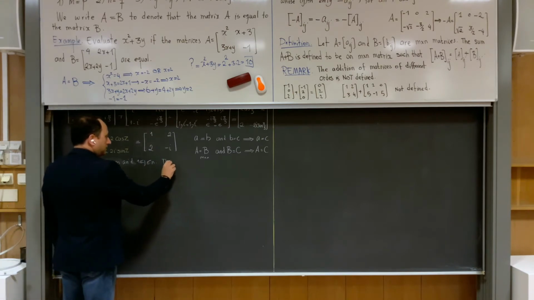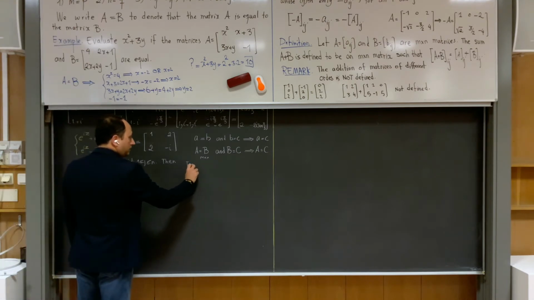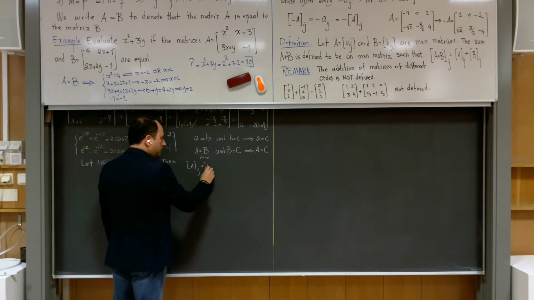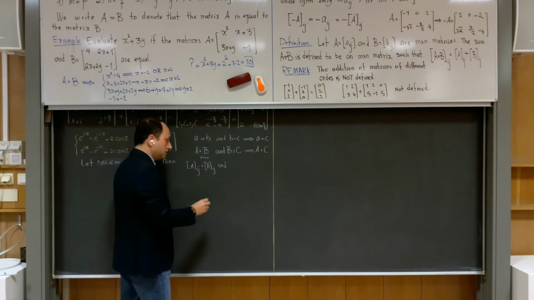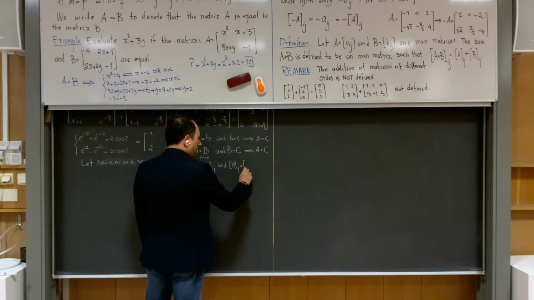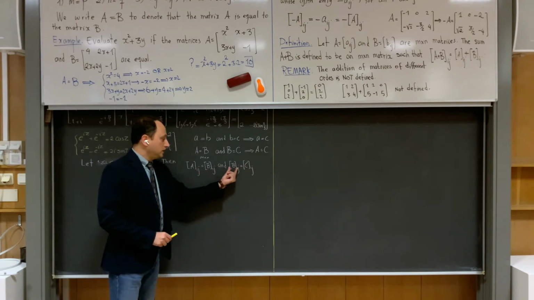Then, because you are saying that these matrices are equal, the ijth entry of A is equal to the ijth entry of B, and because you are saying that these two matrices are the same, it means that the ijth entry of B is equal to the ijth entry of C. Yes, but now look again, these are not matrices anymore, these are numbers.